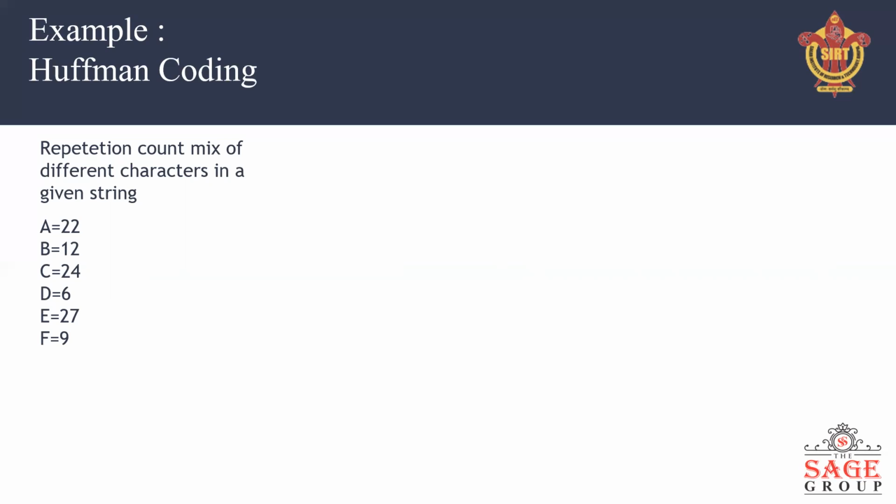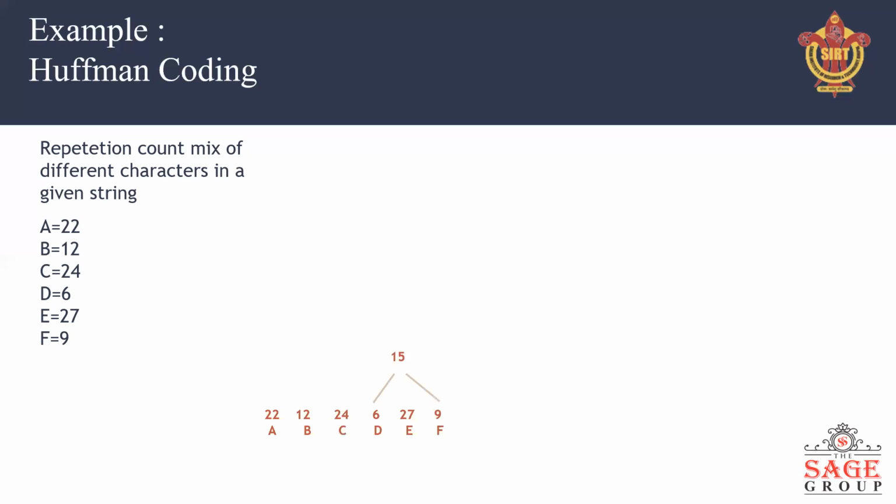Okay. So for this we will create a Huffman tree. Let's learn how to create a Huffman tree. At first we will write all these letters like this, and now we will select the least 2 values. What are the minimum 2 values? By using the greedy technique, we will use the minimum 2 values, D and F, 6 and 9.